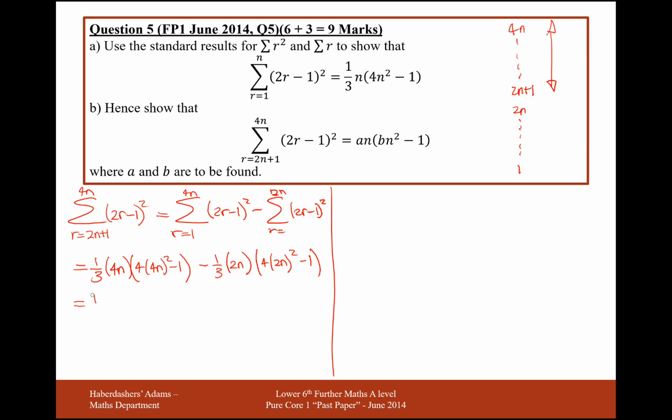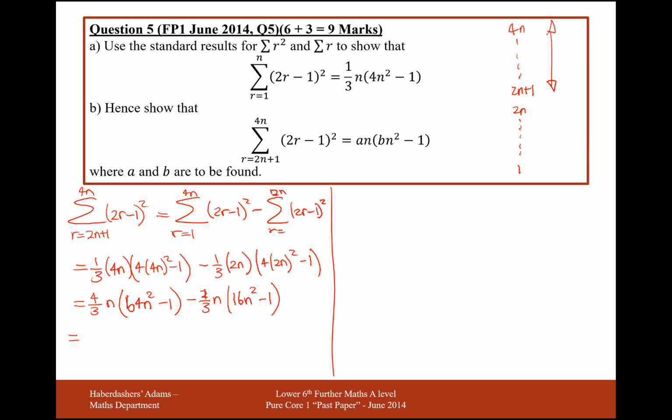So expanding my brackets, I'm going to get 4 over 3 n, bracket 16 from the bracket, but times it also by another 4, so we get 64n squared minus 1. Take away 2 thirds n, of 2n squared is 4n times another 4, you get 16n squared minus 1.